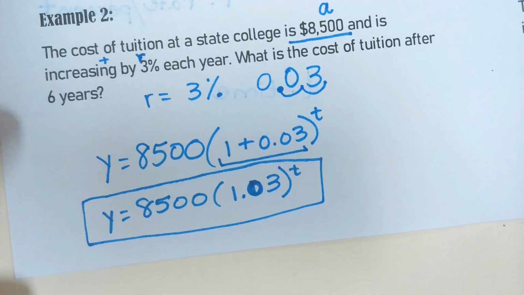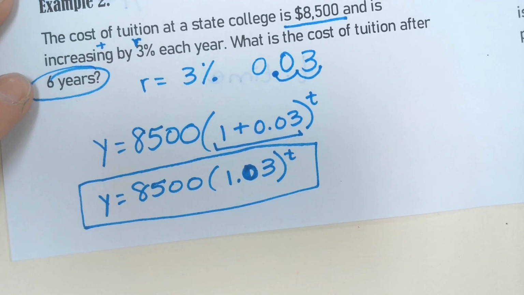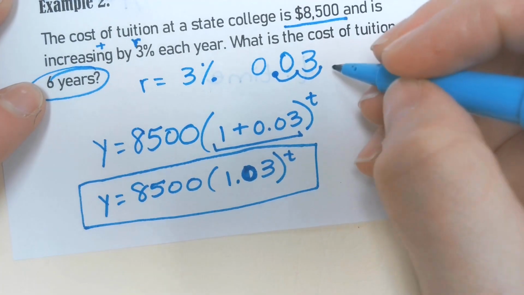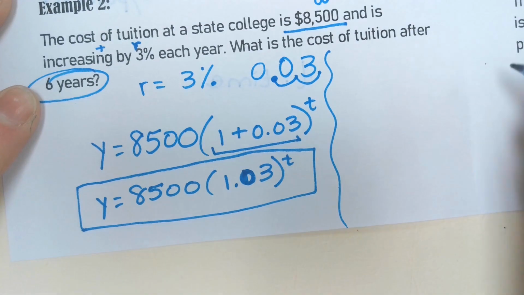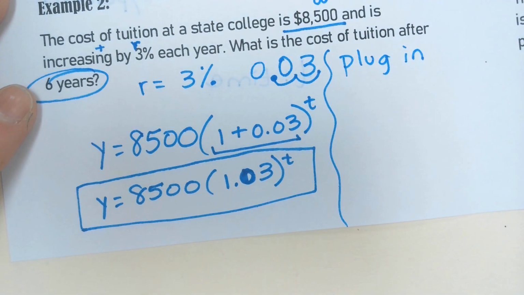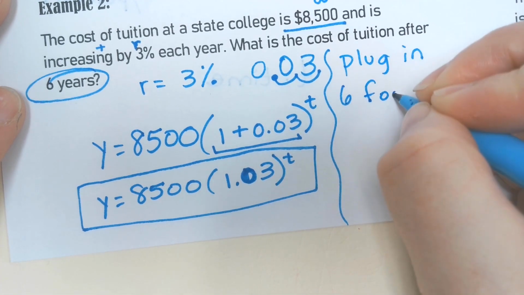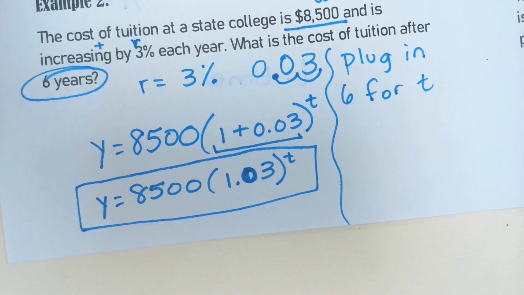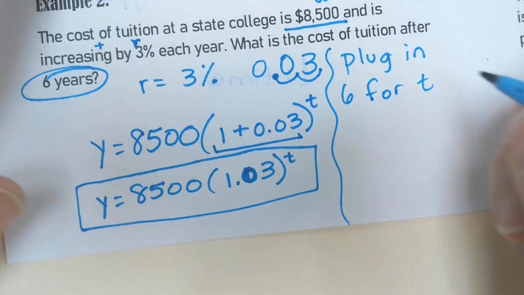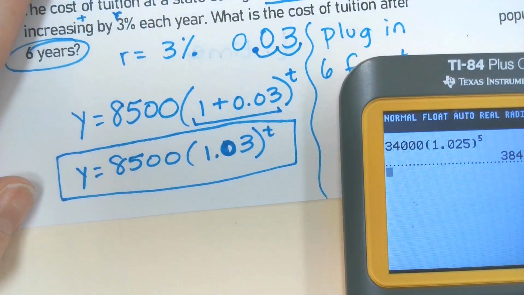So the cost of tuition after 6 years. So now we're predicting. So if you want to predict for 6 years, I'm going to plug in 6 for T. So in my calculator, I'm going to plug that in.